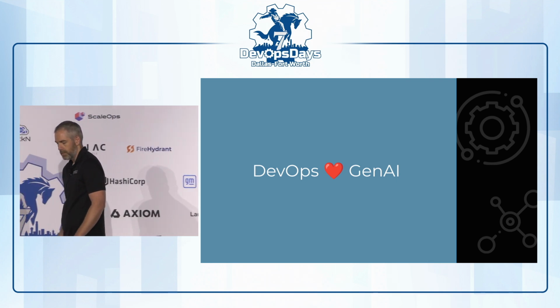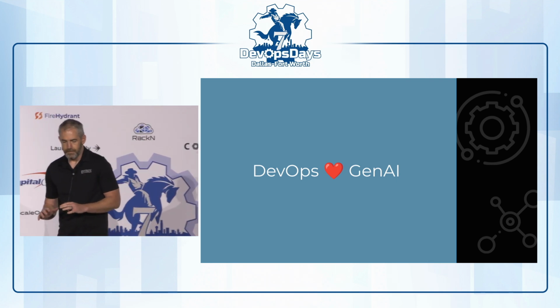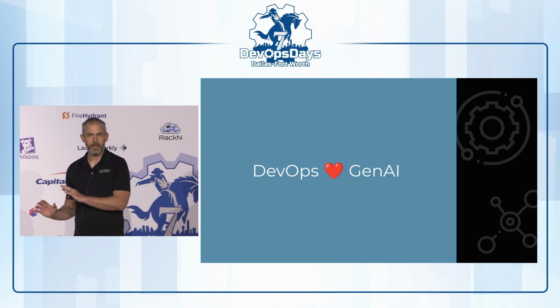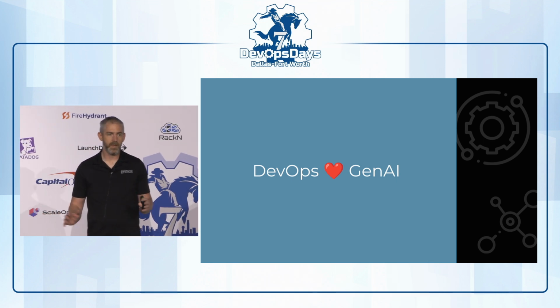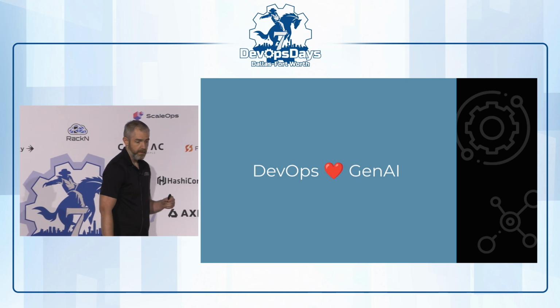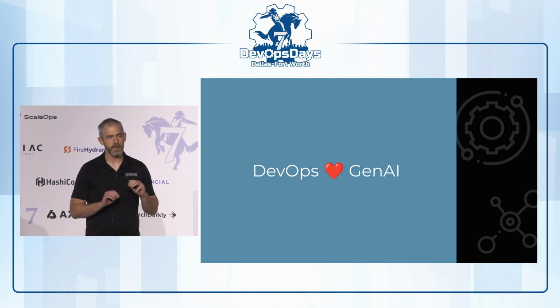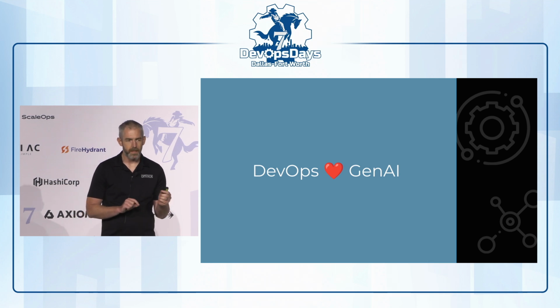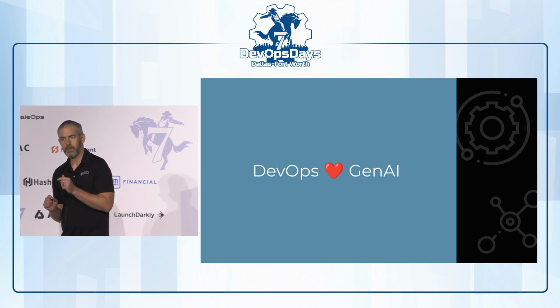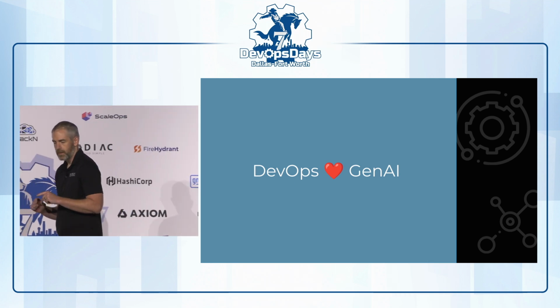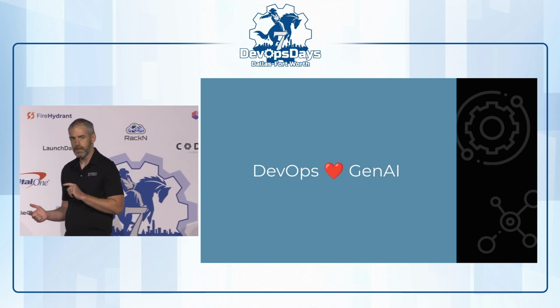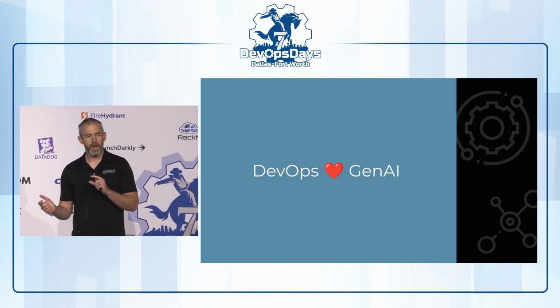And I think a good chunk of those cases are probably over-exuberant, maybe. But that doesn't mean there aren't some good use cases here. And I think especially in the case of DevOps, adding generative AI in some certain spots may actually help us accomplish our goals.